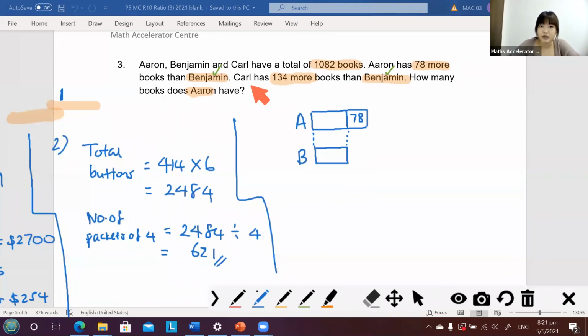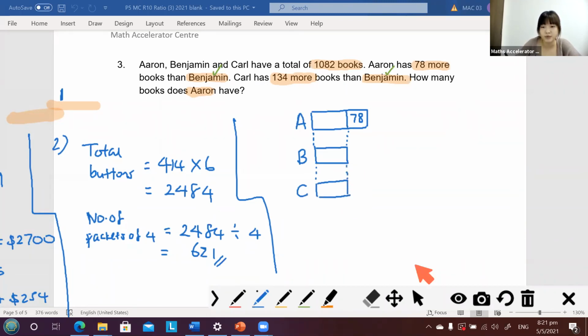Now we're going to have Carl, who is 134 more than Benjamin. So now it's comparing Benjamin and Carl over here. It's going to be 134 more than Benjamin. So this is Benjamin.